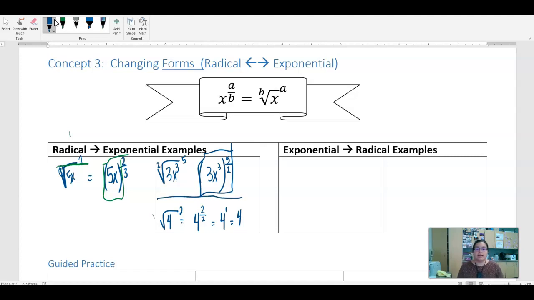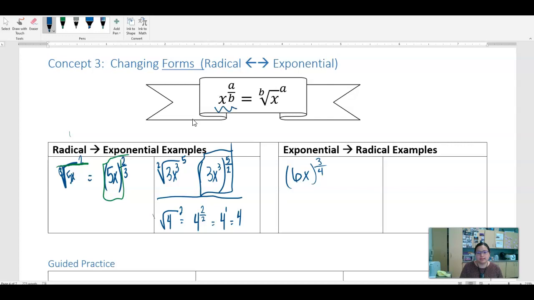All right, now on the other side, if I have a problem that is already in exponential form, I can take that and change it into radical form as well. So if I have a problem like 6x in parentheses to the 3/4 power, I can change this to radical form.